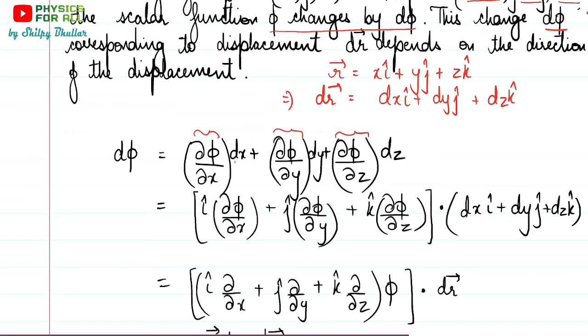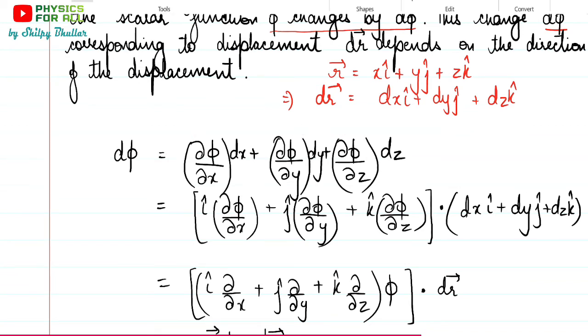And then we have multiplied with this dx, dy, dz. Now there are two reasons why we have included this dx, dy, and dz here. One, which is the simplest, is that we have to equate the quantities on both sides of this equal sign.